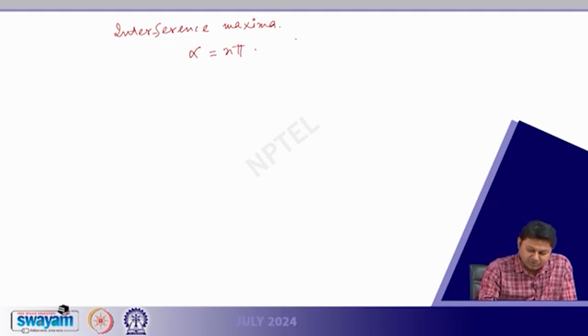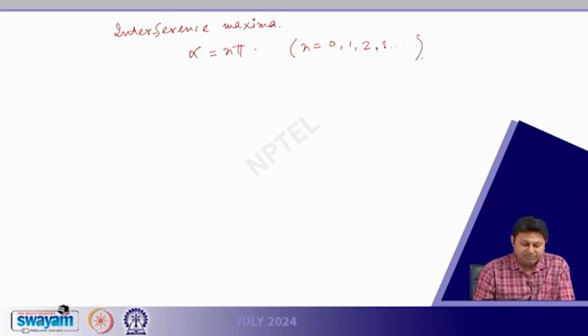That includes 0 also, so n will be 0, plus or minus 1, 2, 3. I am just putting the plus sign for the time being; minus will also work, that is the other side of the diffraction pattern.